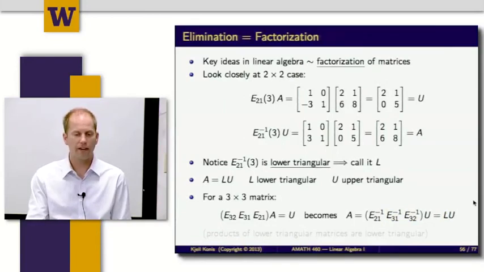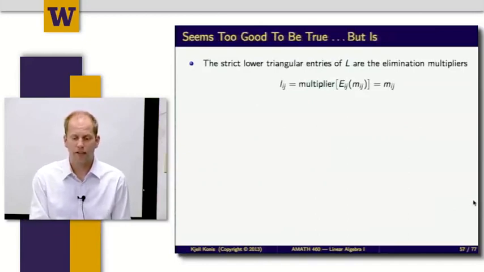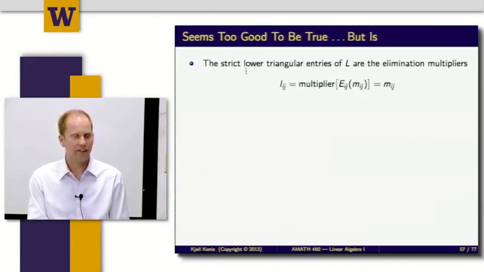And it turns out it's even better than that. So I labeled my slide here. Seems too good to be true, but is. So it turns out that the strict lower triangular entries of L are just the elimination multipliers. So if I say Lij, that's just going to be the multiplier.